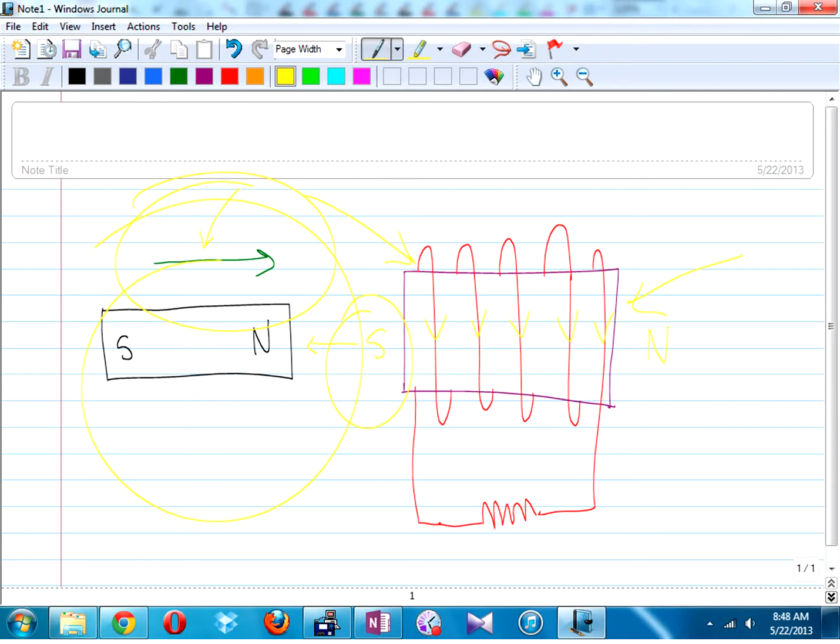No. No. The universe, as soon as I start to create a magnetic field, and create a current, as soon as I start to try and induce this current, by moving a north pole closer, the universe is going to say, how can I oppose that?